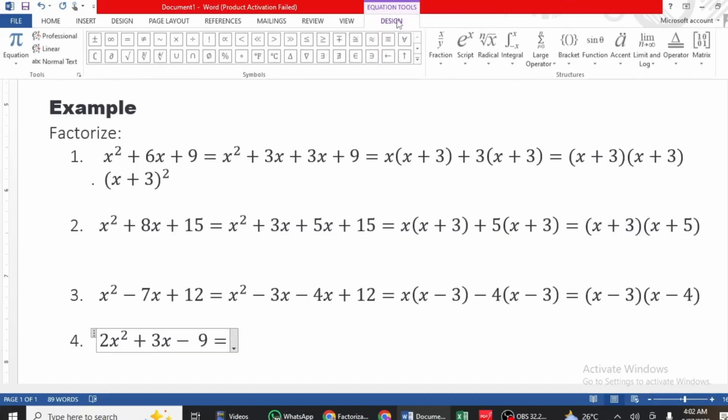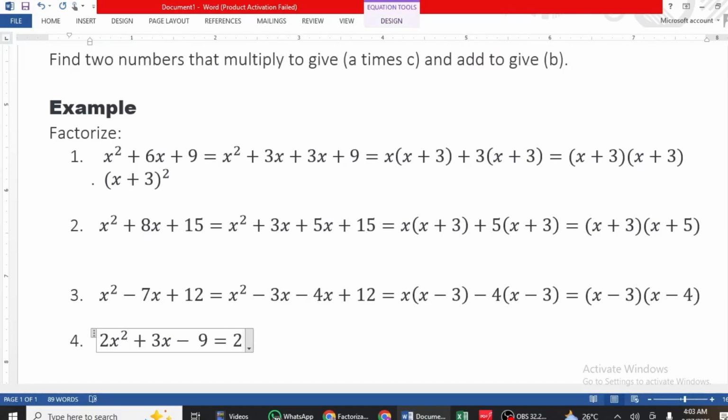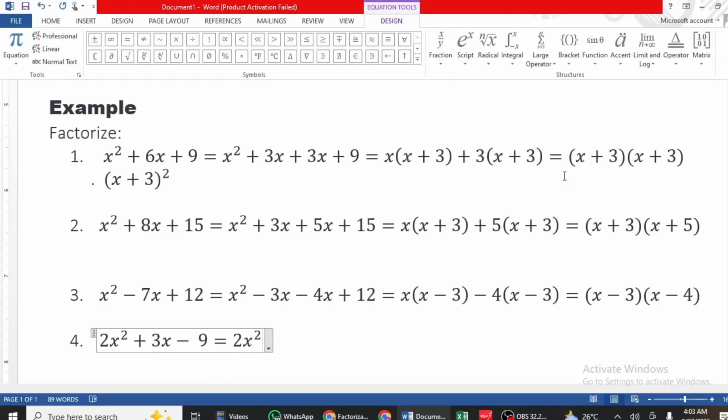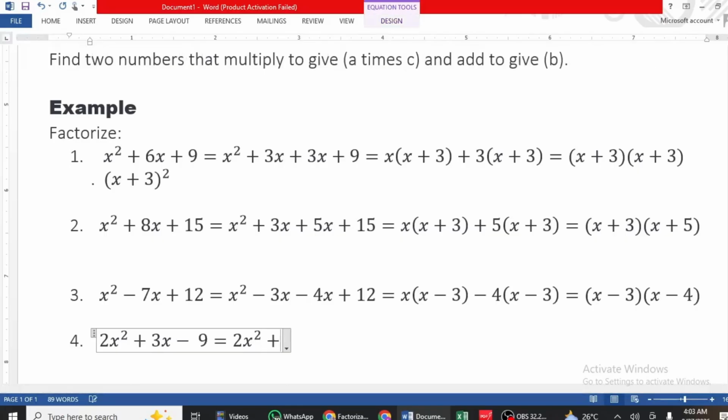Because of that, you will rewrite your expression as 2x squared. Then you will use 6 and -3 to replace the one in the middle, and that will give you plus 6x minus 3x, then minus 9.